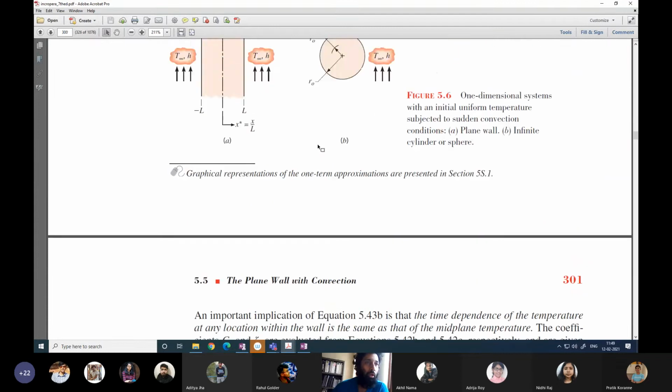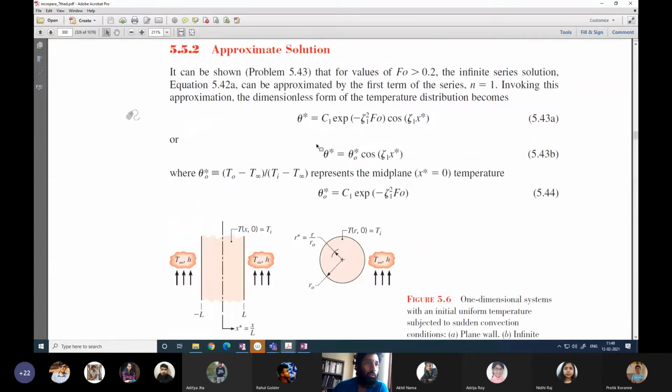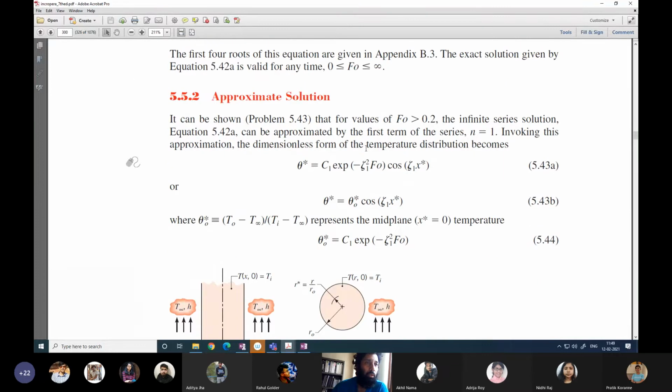To reconcile with our case, C1 is what we have called A n, the coefficients, and whatever is in the exponential, that is our lambda. So zeta is lambda in our case.